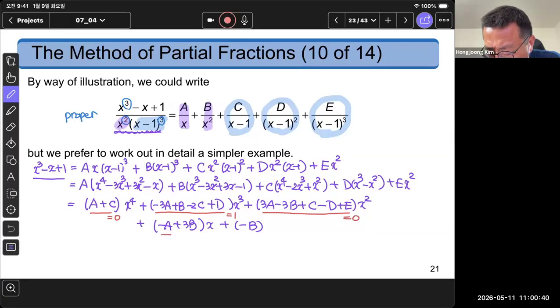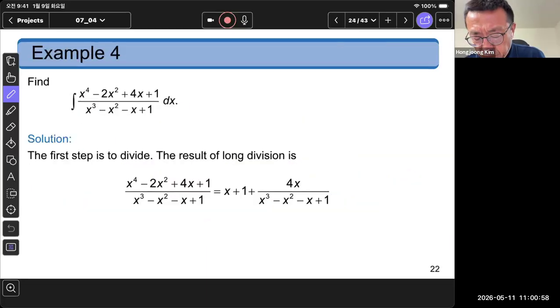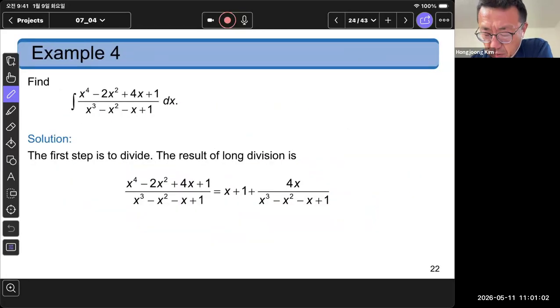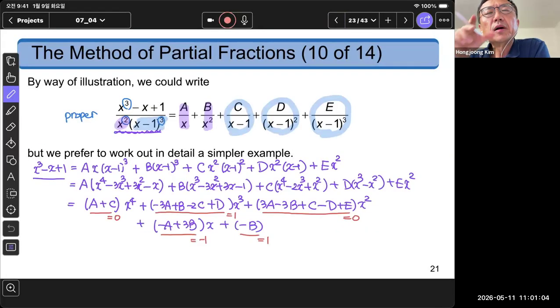And negative A plus 3B must be negative 1. And negative B must be plus 1. So you need to solve these 5 equations in 5 unknowns. Then you can find A, B, C, D, and E, right? And then you can integrate each term.